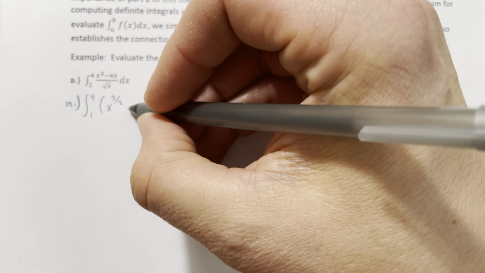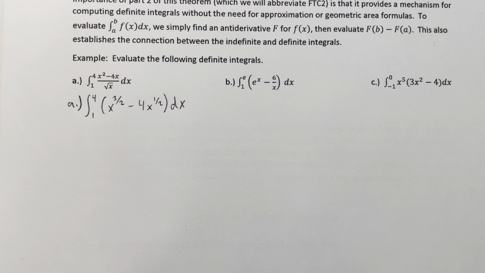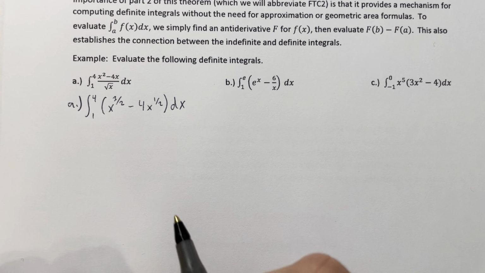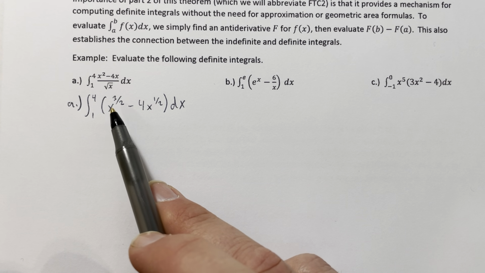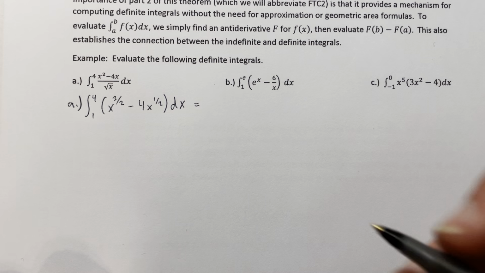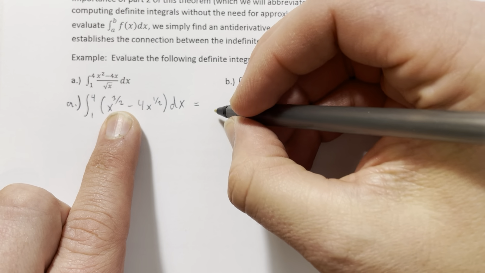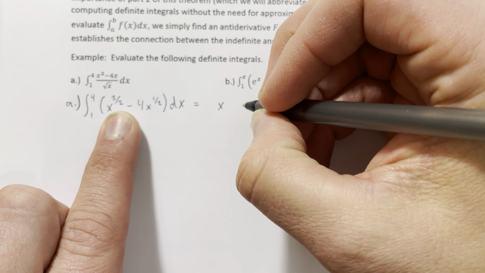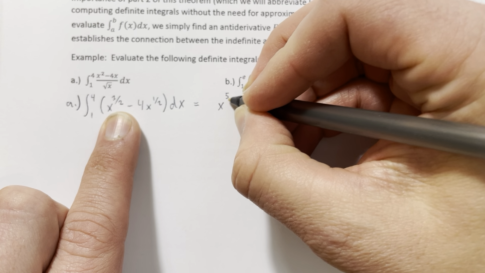You've seen this approach before, so this is nothing new. Now I'm looking for an antiderivative of this. And this is an easy antiderivative to find because we are just doing the power rule in reverse. Remember, we add 1 to the exponent, which is going to give me x to the 5/2.